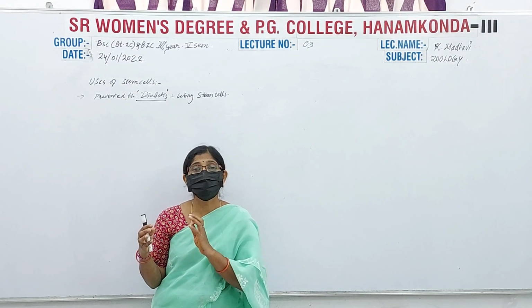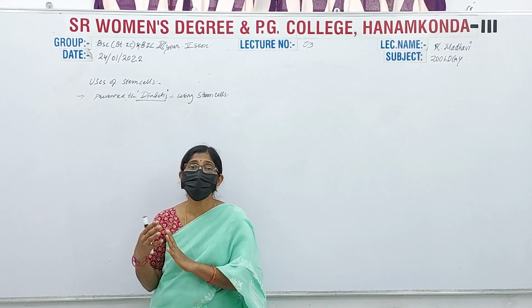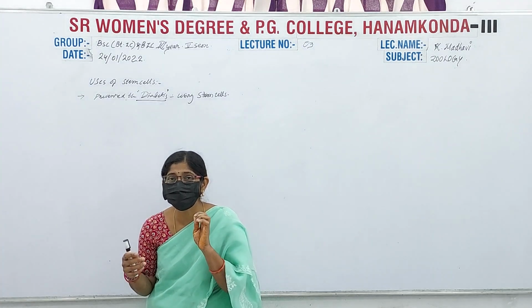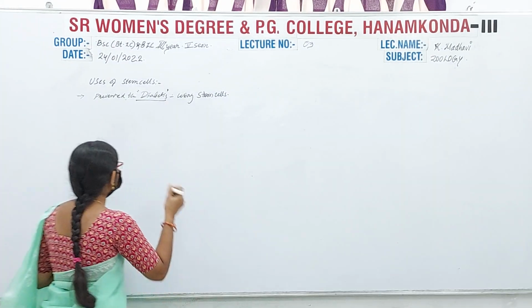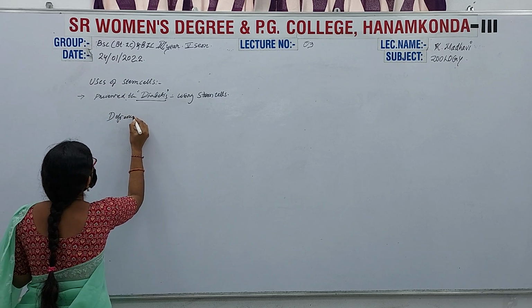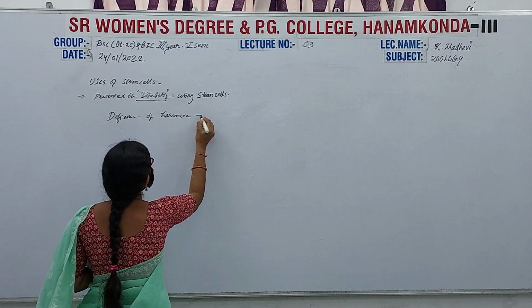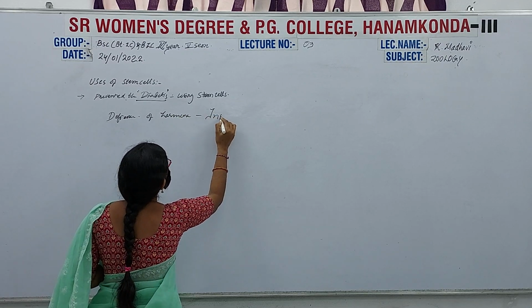This disease is caused due to the deficiency of a hormone in the blood, and that hormone is insulin.